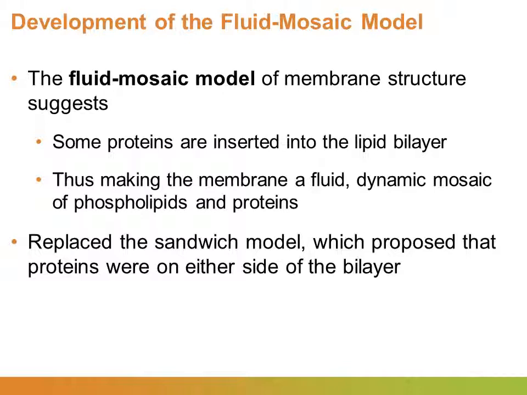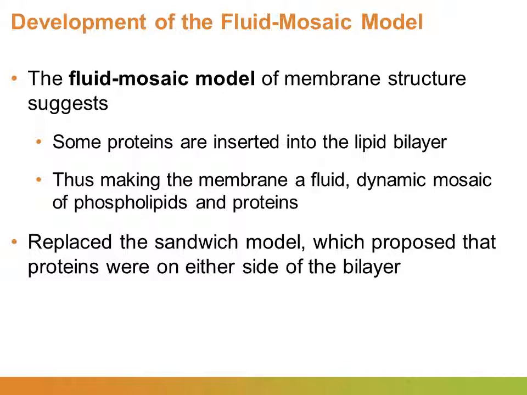They use different colored tiles, or different colored rocks, to make a scene. Well, that's what's happening at the cellular level. Now it's not just phospholipids, but all different kinds of proteins embedded into the phospholipid bilayer, making it look like a mosaic. So it's the fluid mosaic model.